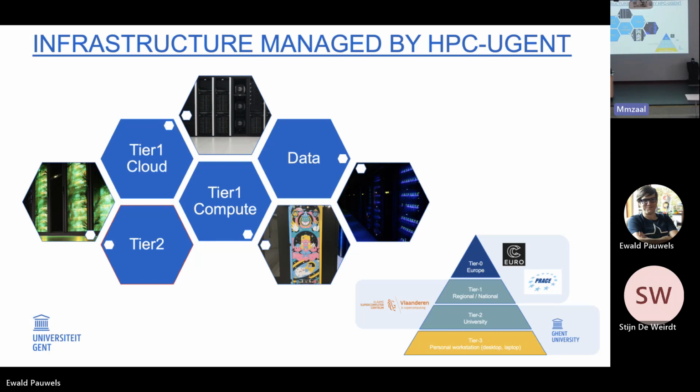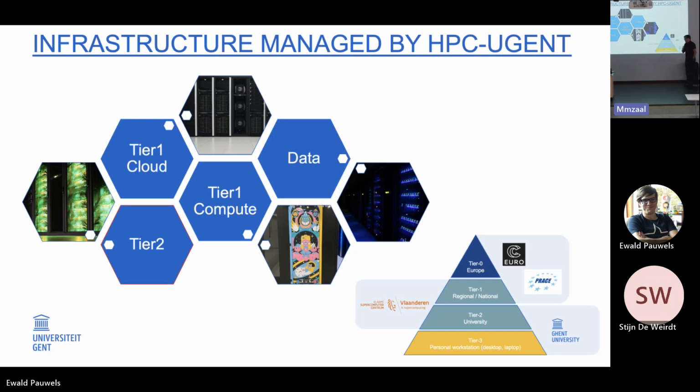If you go higher up the food chain, you end up with larger and more powerful supercomputers. Weirdly enough, you also get less and less users. So here are the most users in tier 2 and tier 3. Everyone has a laptop nowadays. Our task is to provide services so that most people jump to tier 2 to offload the compute power from the laptop.